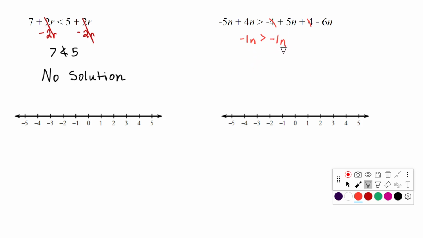Now, I could add 1n to both sides, and what I end up with is 0 is greater than 0. And that is also not true. If we change this to greater than or equal to, this will be all real numbers.